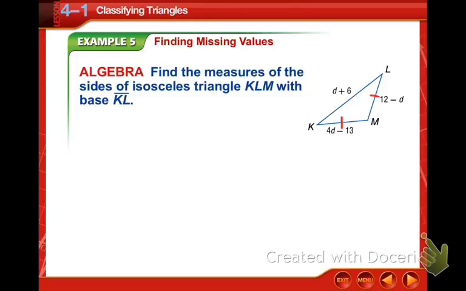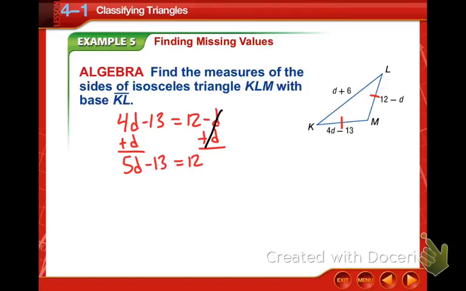So if KL is the base, then the two sides that are congruent are KM and ML. So we want to find D, and then we're going to plug D back in. So 4D minus 13 equals 12 minus D. We're going to add D to both sides. So we have 5D minus 13 equals 12.